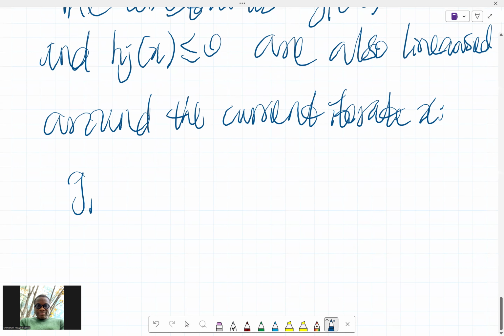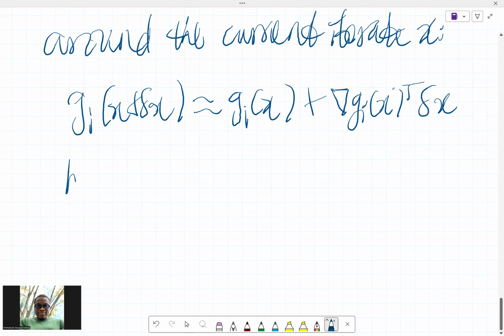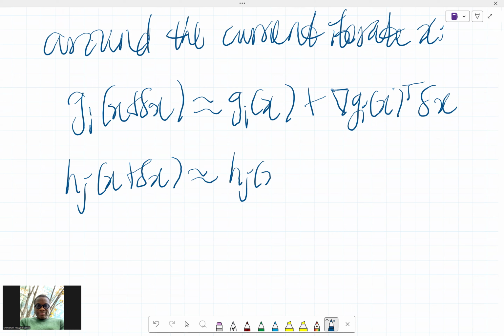So we have gi of x plus delta x approximately gi of x plus the gradient of gi of x transpose delta x, and hj of x plus delta x is approximately hj of x plus the gradient of hj of x transpose delta x.